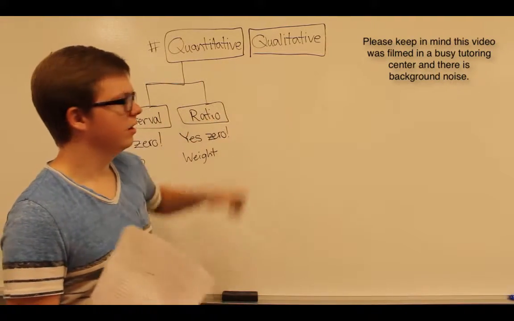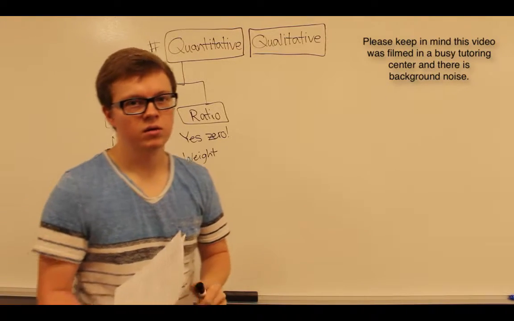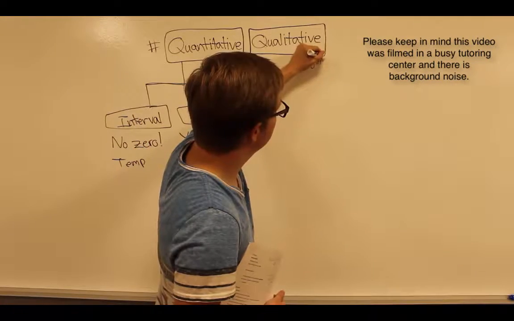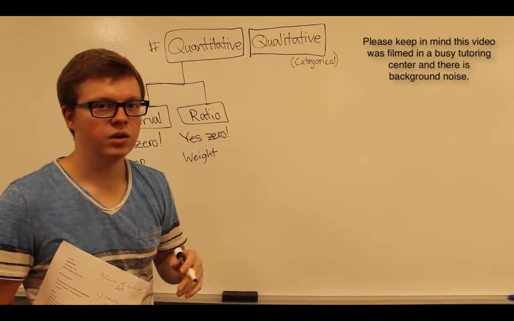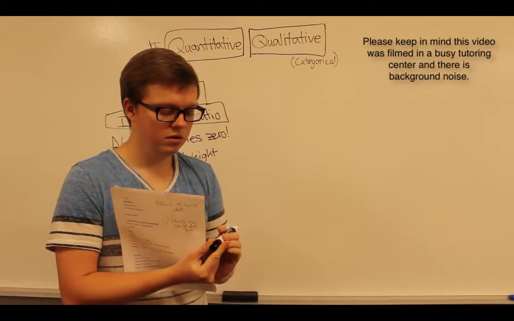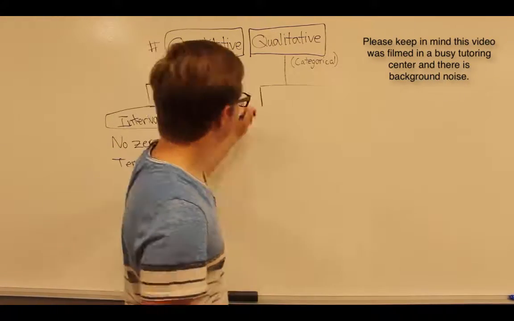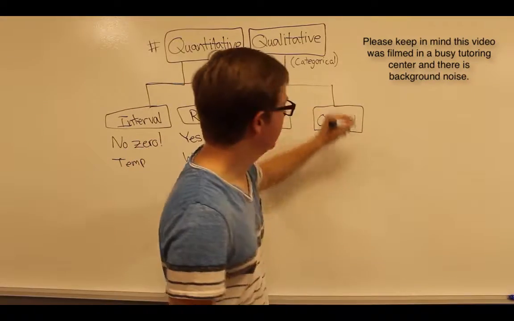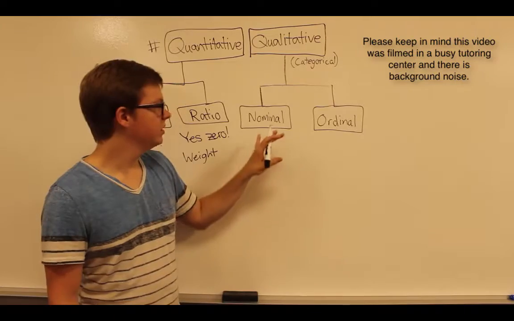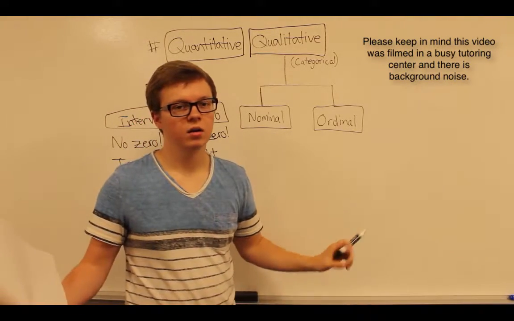With qualitative data, we break that down into nominal versus ordinal data. Sometimes you'll hear it called categorical, which is a pretty good description of it, since it usually describes categories. With nominal data, there's no way to assign numbers at all.